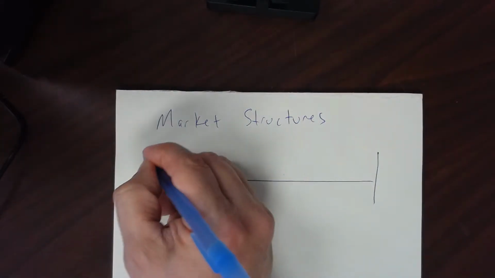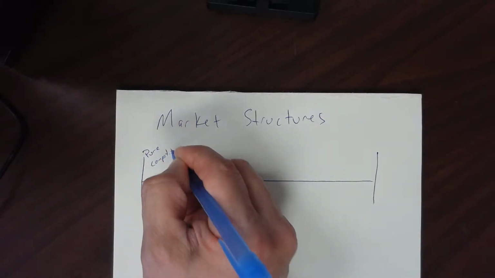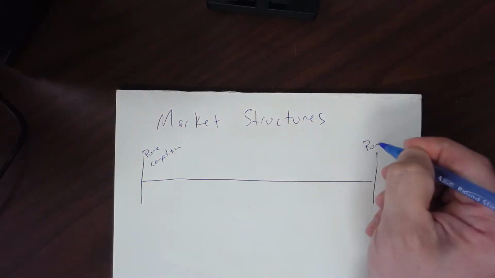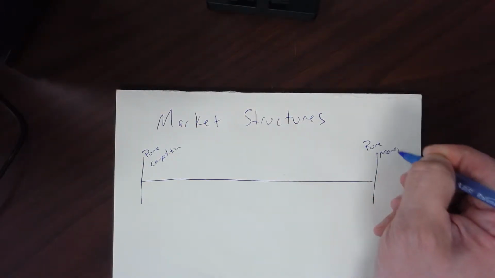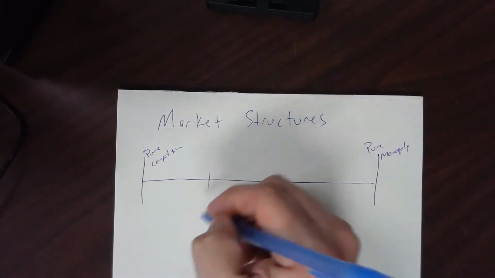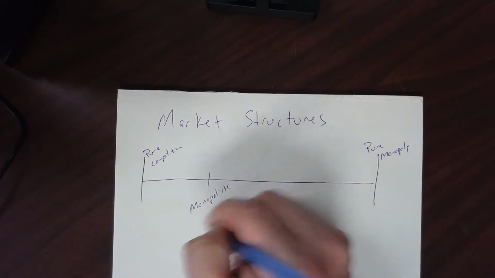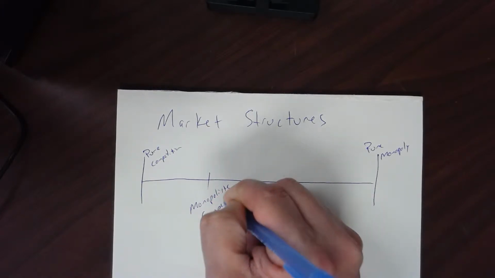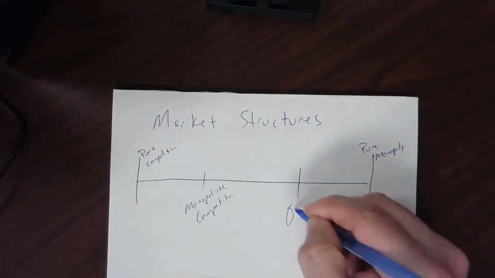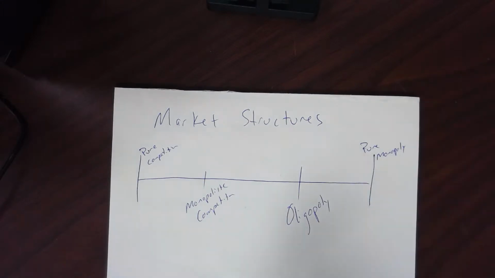At this end, we have something we call pure competition. At this end, we have a pure monopoly. And then in between, we have something called monopolistic competition and an oligopoly. Fun word to say right there.